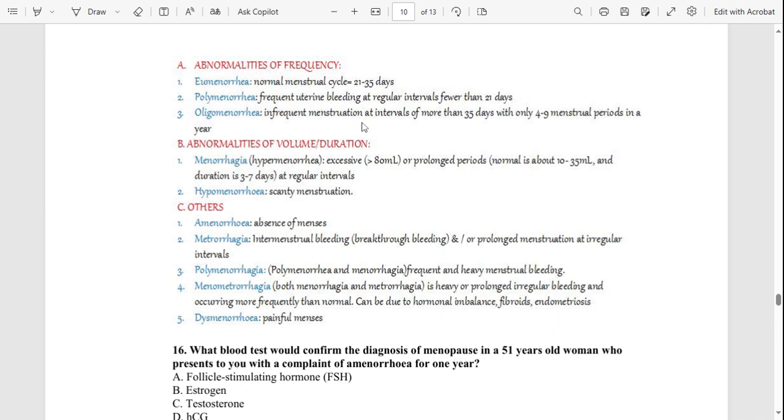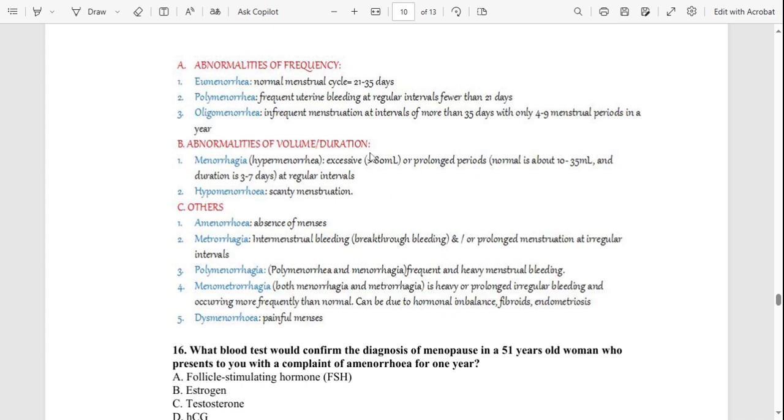And then infrequent menstruation, more than 35 days, that's oligomenorrhea. For problems of volume, you have got menorrhagia. This is excessive, greater than 80 mils. Okay. The normal is 10 to 35 mils for a period of 3 to 7.